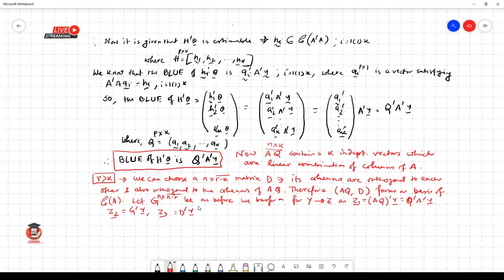So this z is nothing but z_1 curl, z_2 curl, z_3 curl.